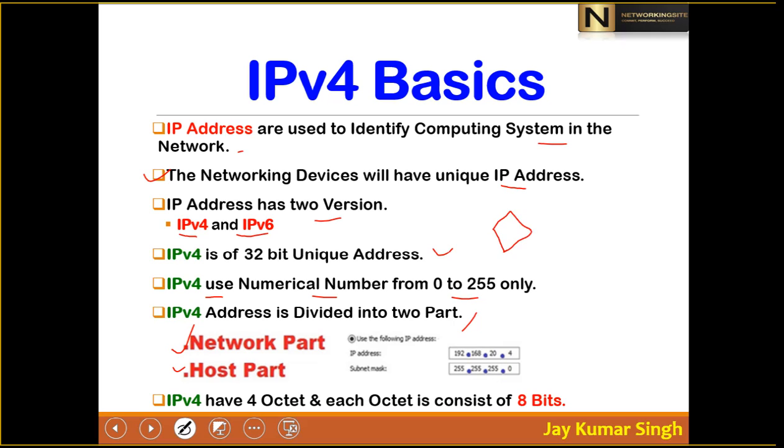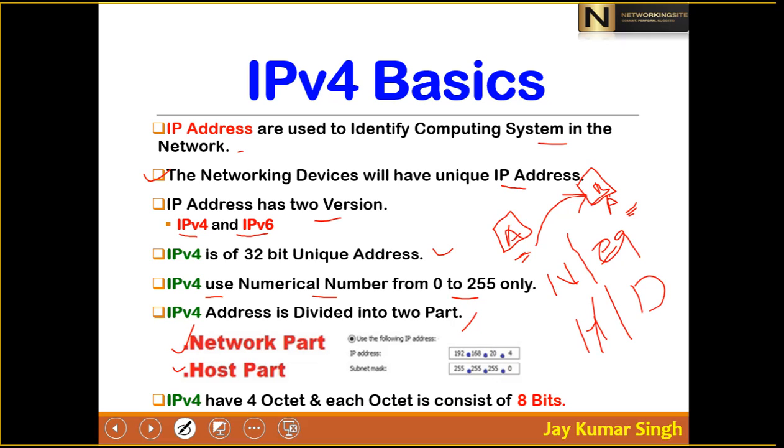Suppose computer A wants to communicate to computer B, right? So computer A will have some IP address, computer B will also have some IP address. Whenever computer A wants to communicate to B, both computers' network address must be the same, must be equal, but host address must be different.